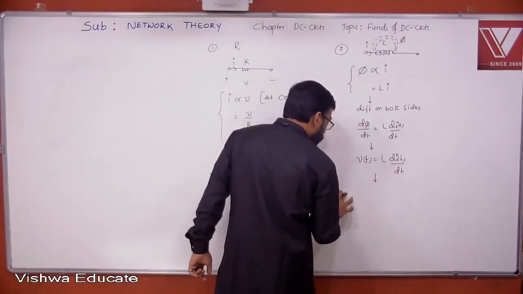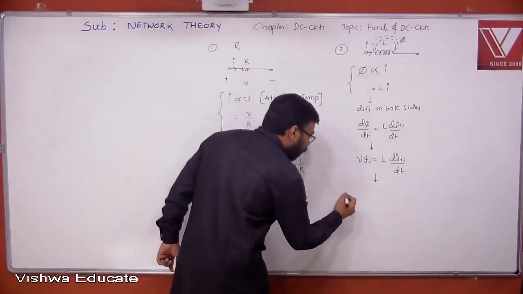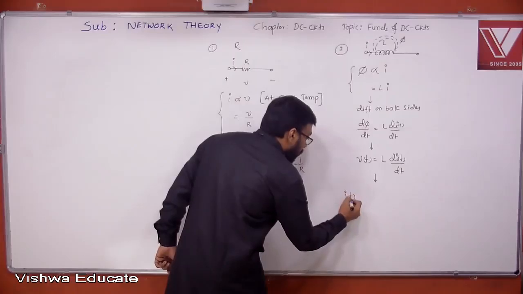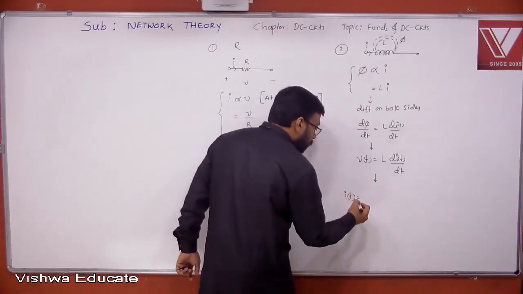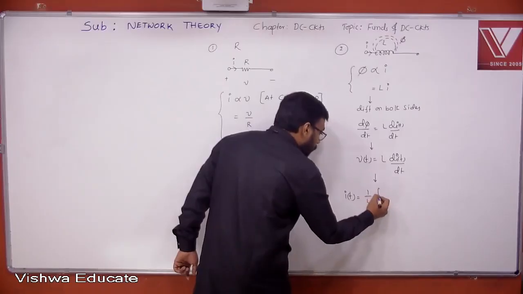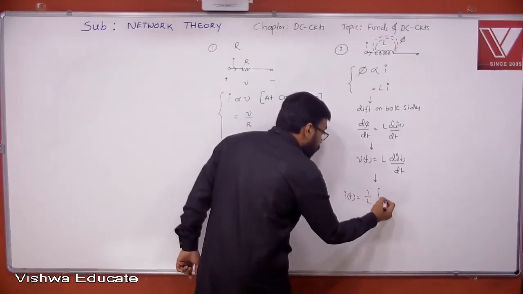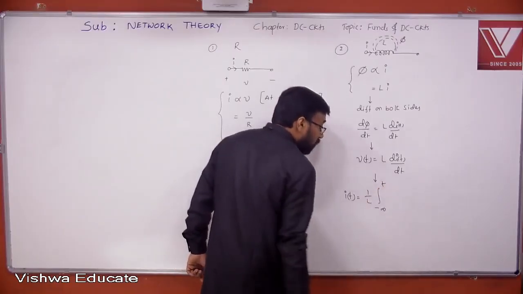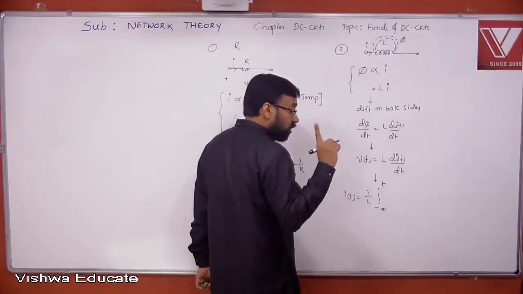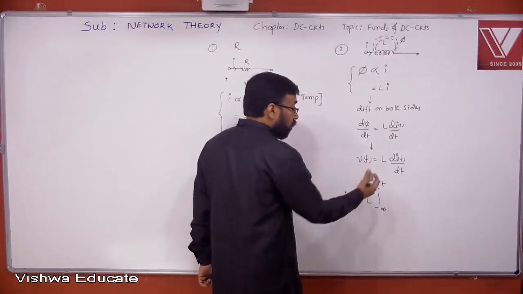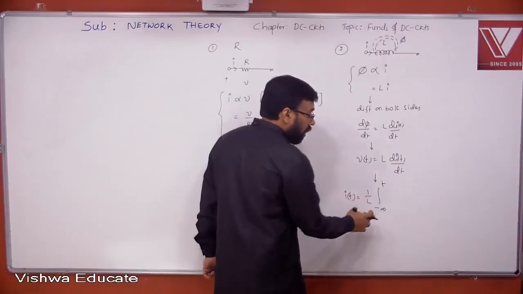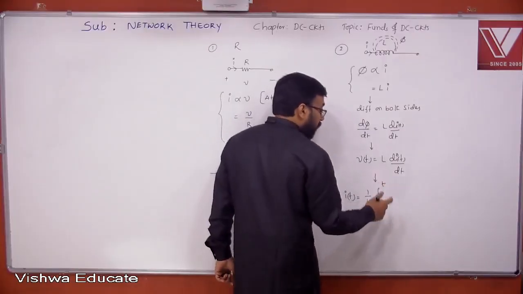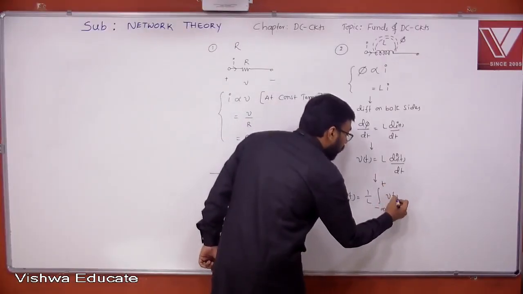Now, let us look at the current. How do you find the current here knowing the voltage? I of t is equal to 1 by L integral. You are supposed to maintain the limits. Most of the people ignore that, but it should be a common practice. When you write current in terms of voltage, the limits must be mentioned: minus infinity to t, v of t dt.